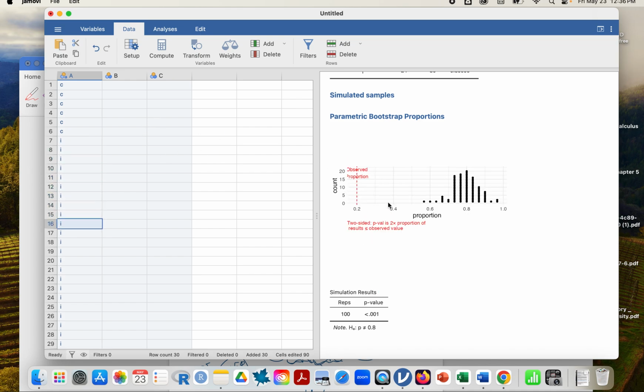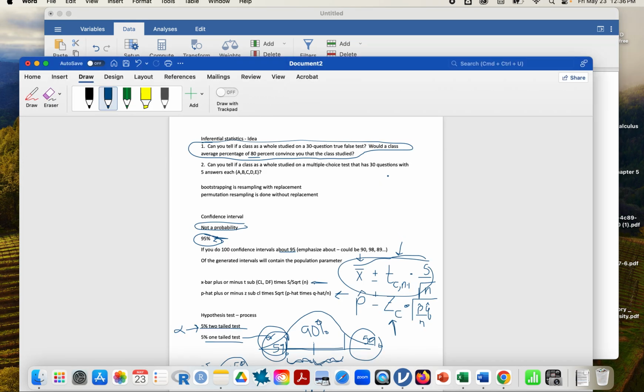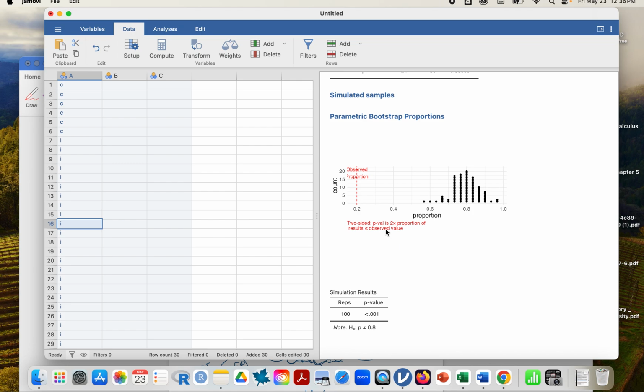And so when we're dealing with that hypothesis test, with 30 questions, can you tell if a class as a whole studied? Again, we'd use 80. I didn't put 80 in there, but just pretend we did 80. Well, look, if they're just guessing, about 20% of the time, they're going to be correct, and the rest of the time, they're not. Well, these individuals studied because their average is higher.